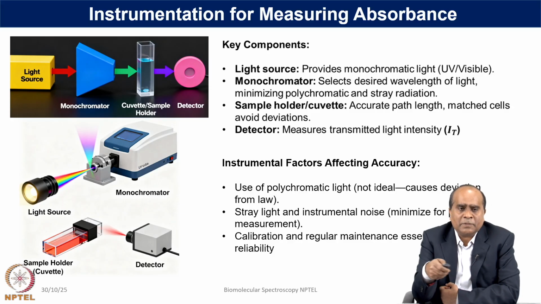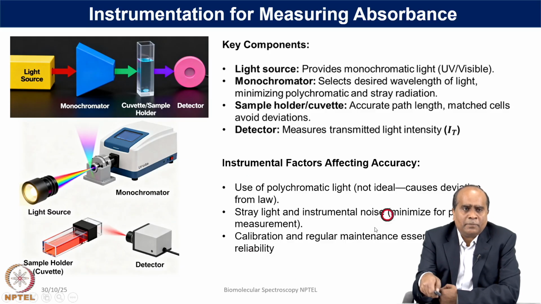Just again to remind you of the instrument setup for measuring absorbance, what experiment we did: we had a light source, we had a monochromator, and this is the cuvette or sample holder, and this is a detector where we are detecting. So, the instrument looks something like this. Here is a detector, this is the sample holder, and this is the light source.